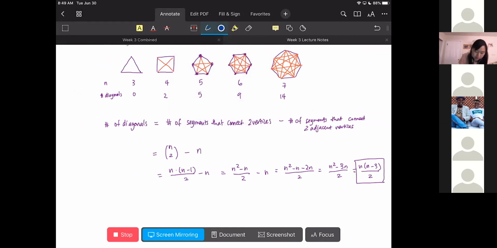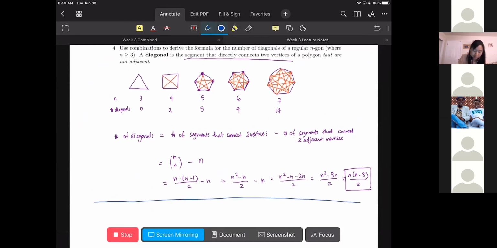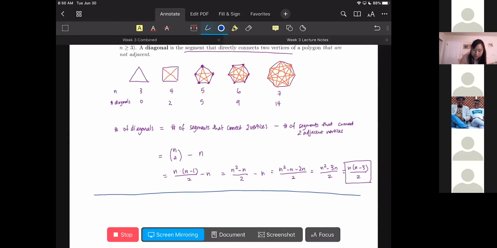So I'll just really quickly talk about another way we could derive this formula that's also using counting. Another way we could think about this is, for every diagonal, we can first pick an endpoint. There's n vertices, so that could be one endpoint. And then for the other endpoint, how many choices are there?